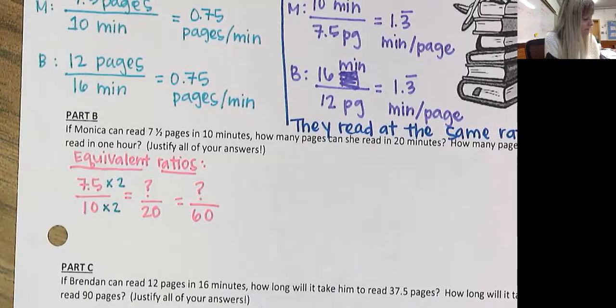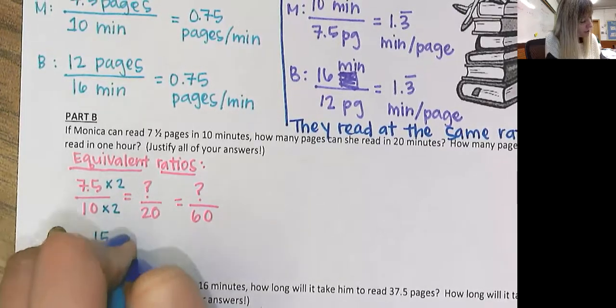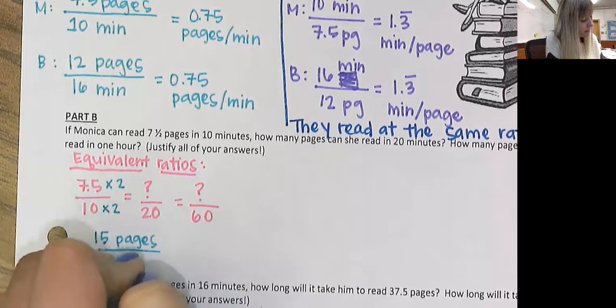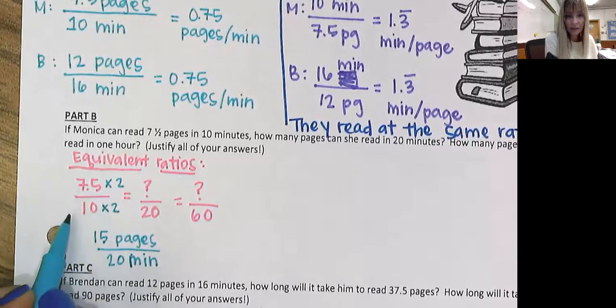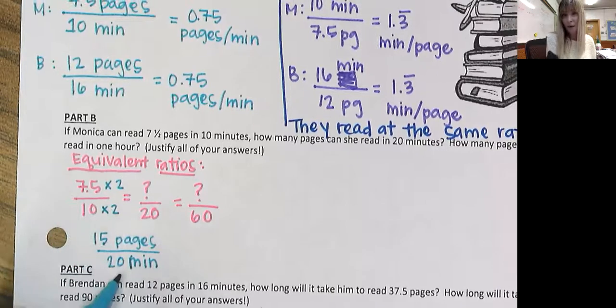And 7.5 times 2 would be 15 pages in 20 minutes. And that would make an equivalent ratio to 7.5 pages in 10 minutes. So if she can do 7.5 pages in 10 minutes, she can do 15 pages in 20 minutes.